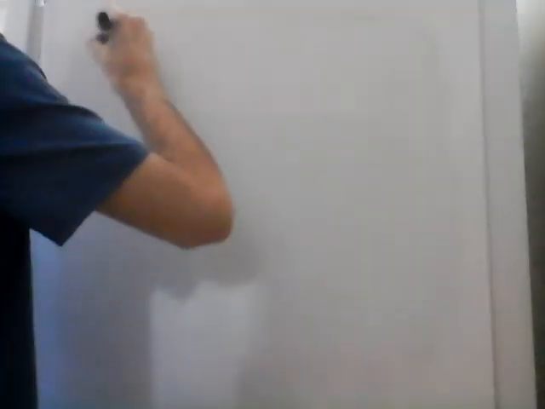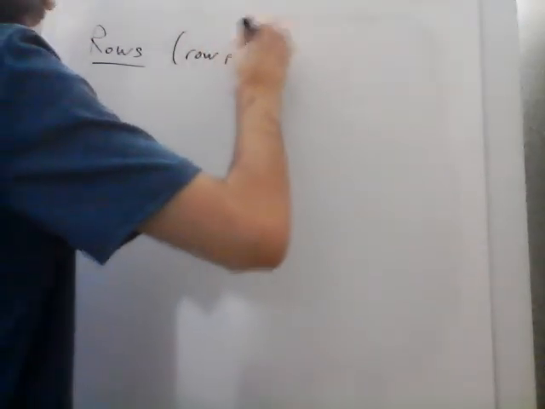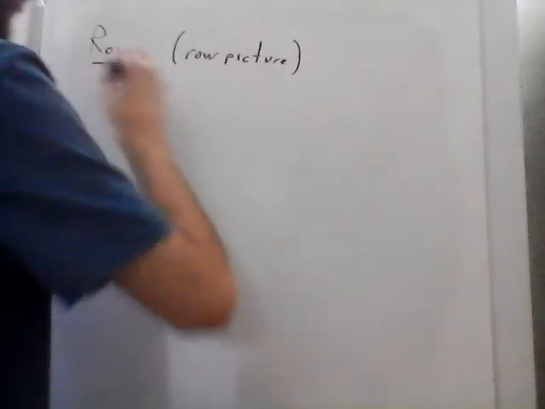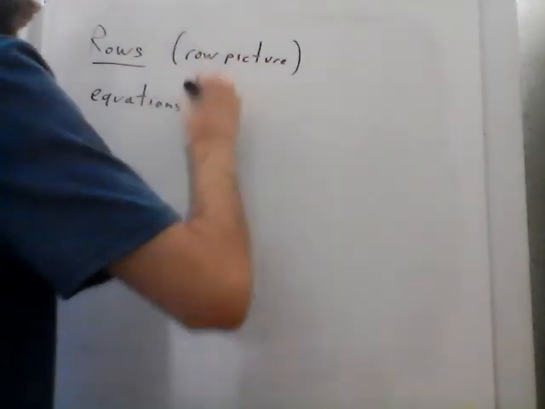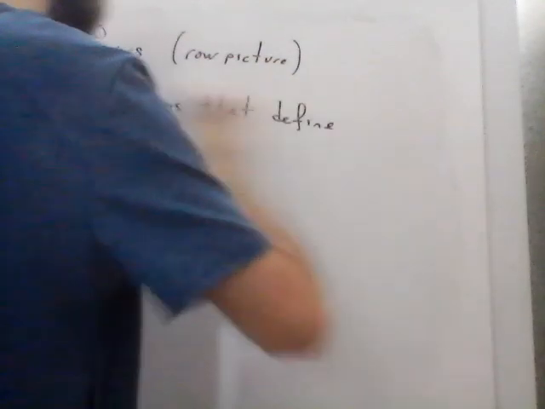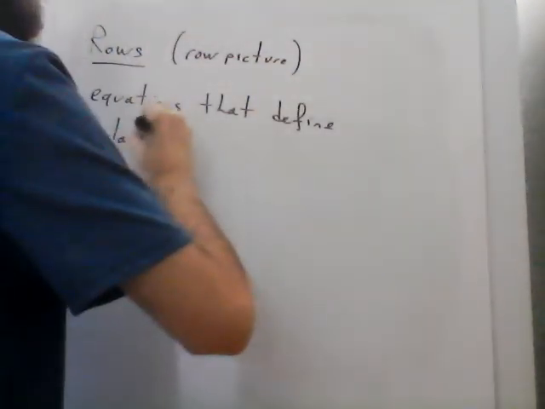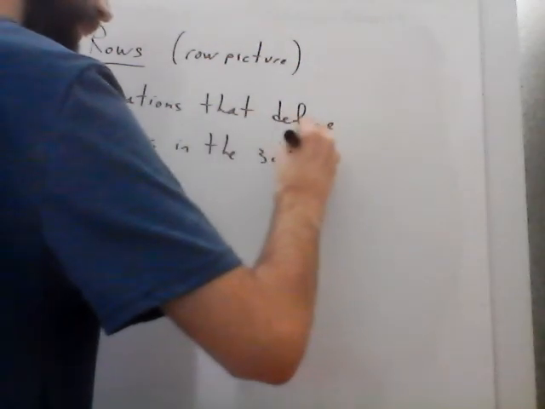So if you have a linear system with 3 variables that we are going to call x, y, and z, then if we concentrate on rows, the row picture is given by equations that define planes in the 3-dimensional space.